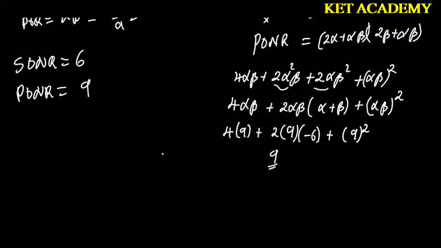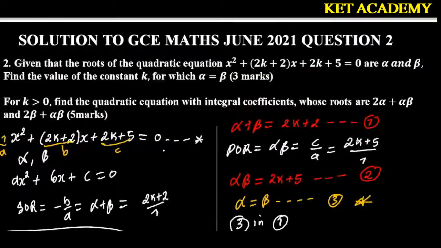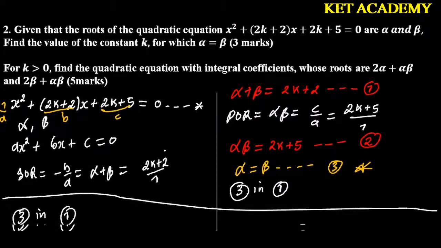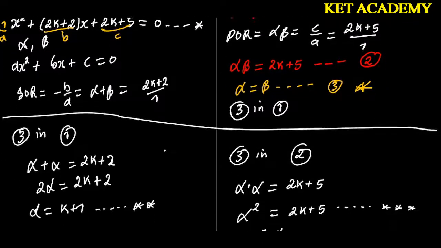Then forming our equation, because we were told that we need to form a quadratic equation whose integral coefficients are alpha plus beta. So we're told that we should form a quadratic equation whose roots are 2 alpha plus alpha beta and 2 beta plus alpha beta.